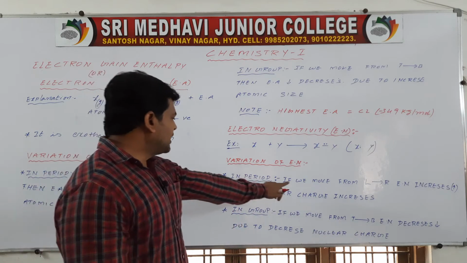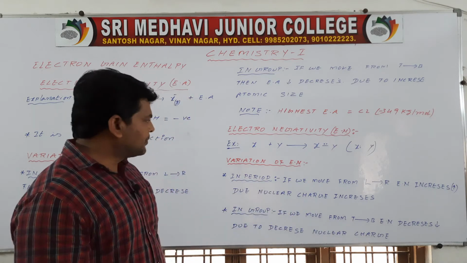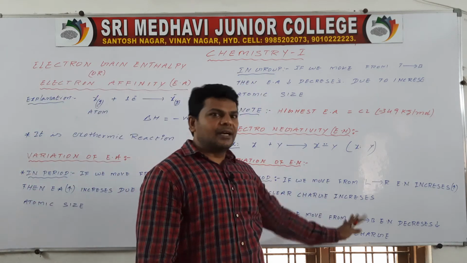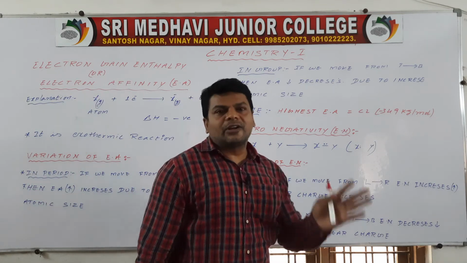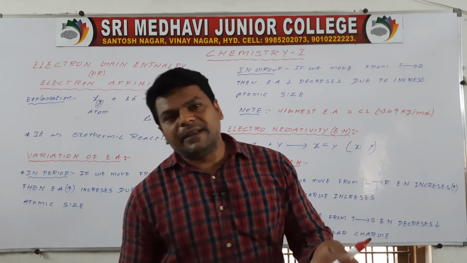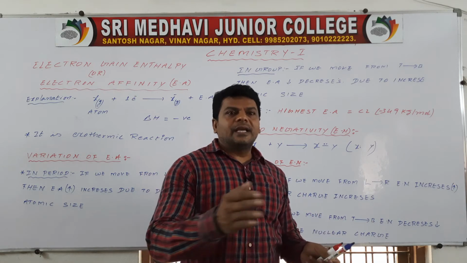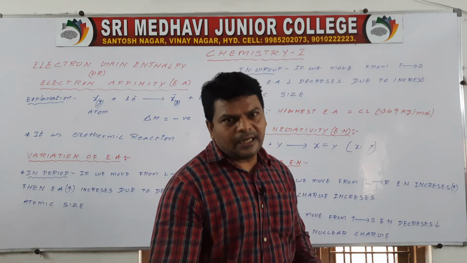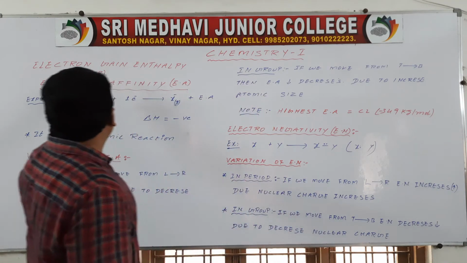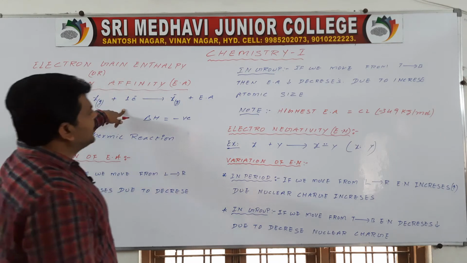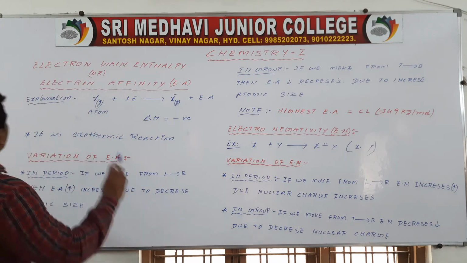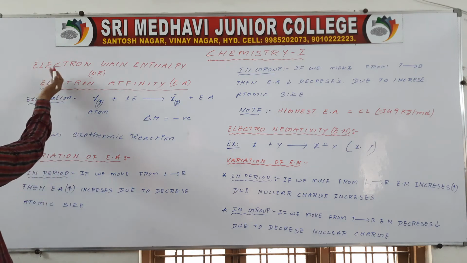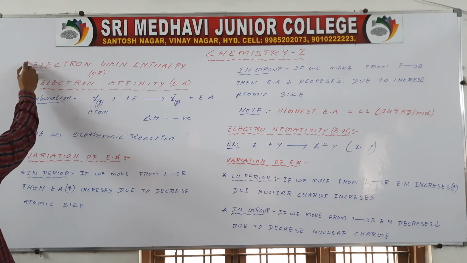This is in a period and this is in a group. So electron affinity and electronegativity are both the same in trend: both increase in a period, both decrease in a group. This is the periodic property, the fourth one. The first is atomic radius, the second is ionization potential, the third is electron affinity, and this is the fourth.